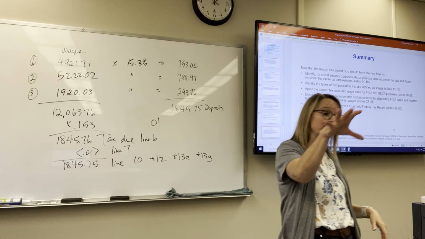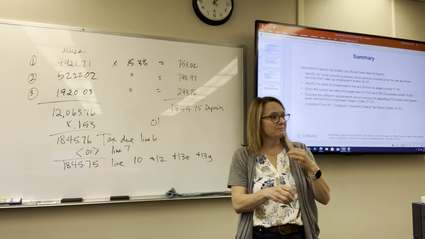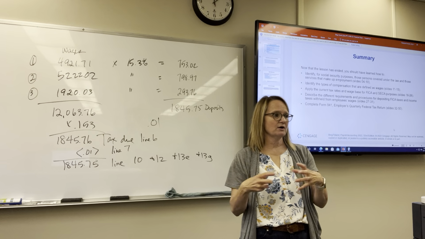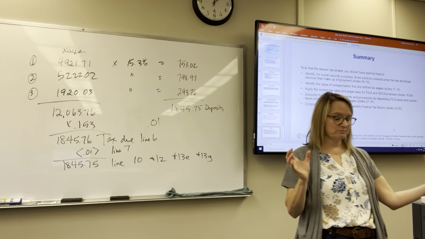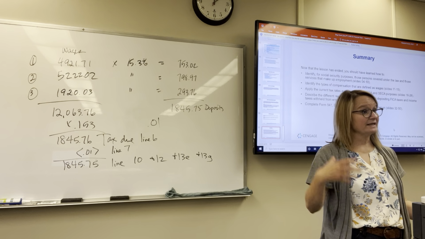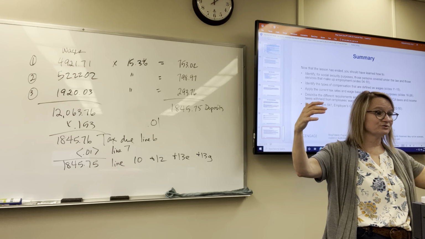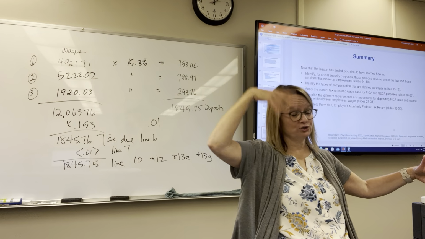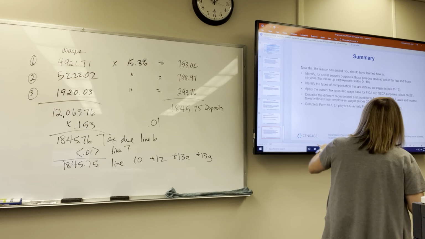Now, when we get to Chapter 4, you'll see that wages may be slightly different for income tax purposes than they are for Social Security and Medicare tax purposes. Now, most times they're the same, but sometimes they're not. Like for income tax purposes, we don't have that wage base like Social Security does, right? There's no upper limit to how much you can earn and have it be subject to income taxes. So that would be one example.